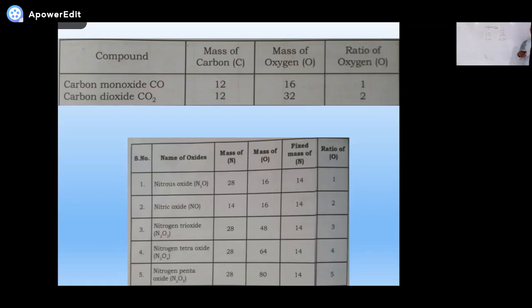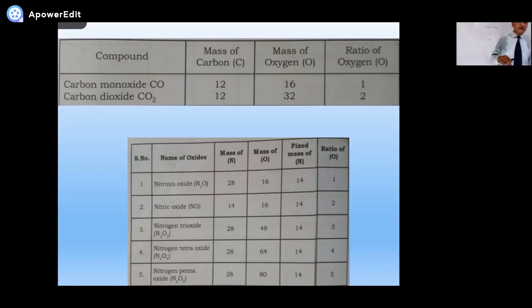Now take it as an assignment. N2: what is the mass of nitrogen? 14. How many nitrogens? 2. 14 twos are 28. So in the first column is written mass of nitrogen 28, and in the next column O is written 16.